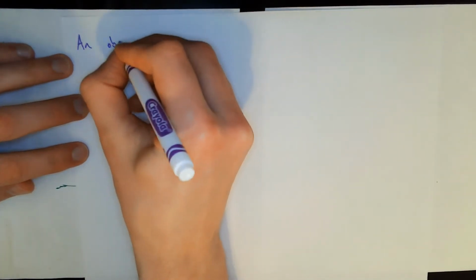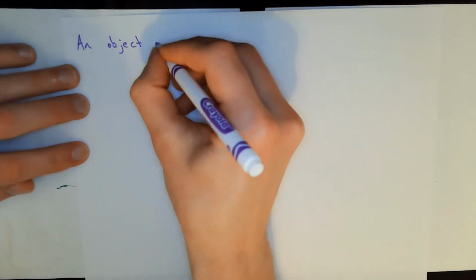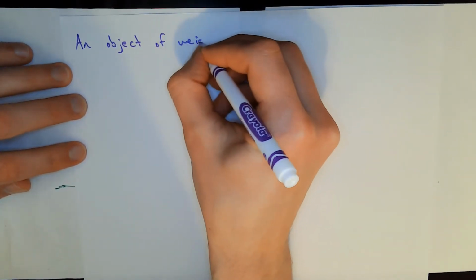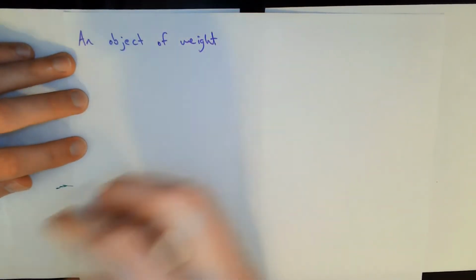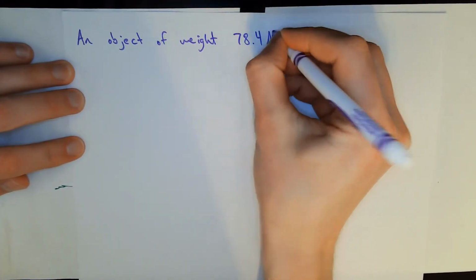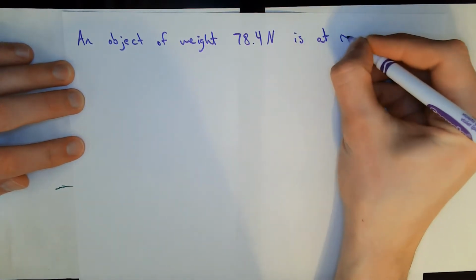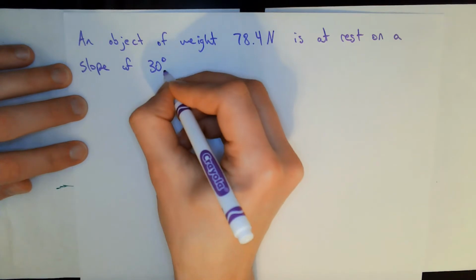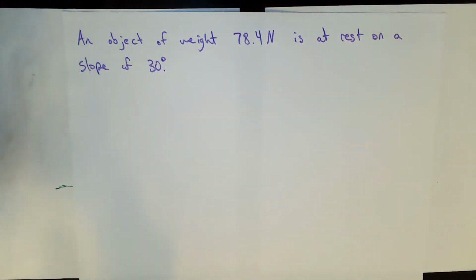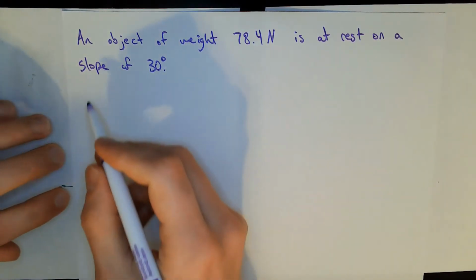So let's consider an object at rest. I'm going to give weight this time. I don't want it to be too crazy: 78.4 newtons is at rest on a slope of 30 degrees.